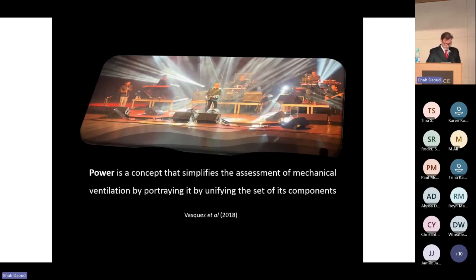But no variable or phenomenon can be imputed alone as responsible for VILI, and a combination of pulmonary conditions such as heterogeneity and vascular pressure are associated with the ventilation strategies. VILI results from mechanical ventilation configurations and the conditions of lung parenchyma related to its size and heterogeneity.